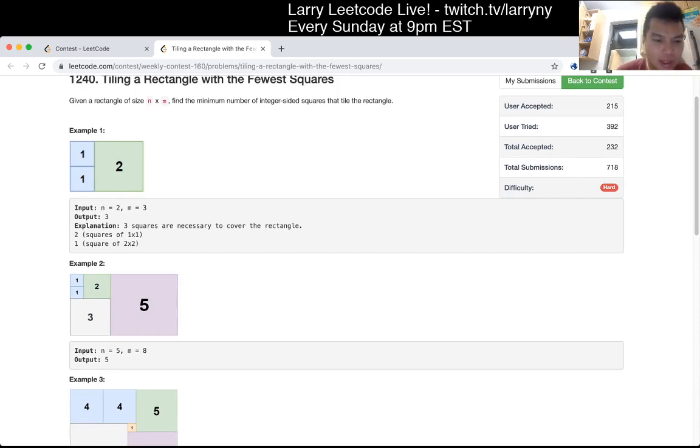With 4 squares, you do most of it and then just fill the other ones by ones. But that's very greedy though.